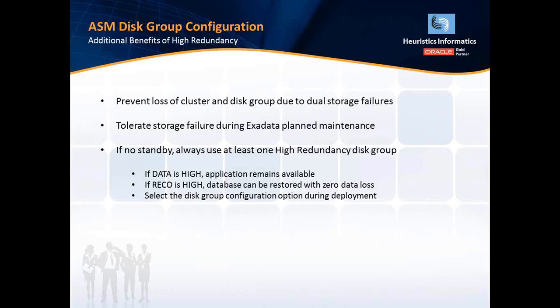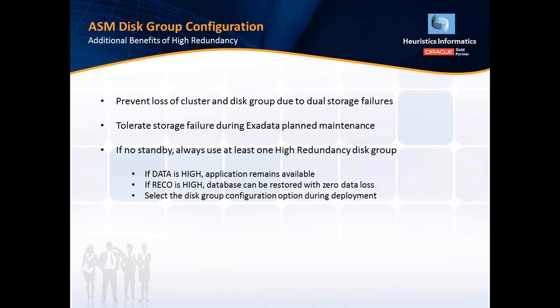So, how should you configure the ASM disk groups? As we said, high redundancy is what we should be shooting for all the time. Why? Because of what you can see on your screen right now, in terms of dual storage failures. For example, you may have 2 storage nodes or 2 disks that fail at the same time.